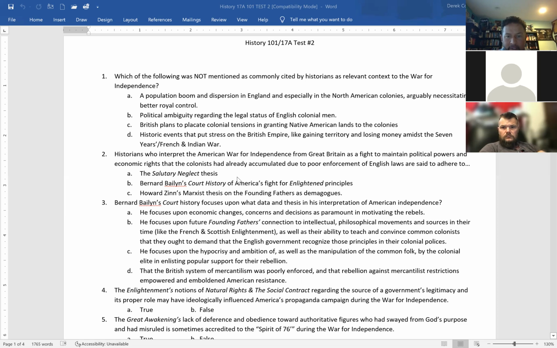So remember the Enlightenment, you get a lot of mention in macro coverage of the Enlightenment on the social contract, natural rights, checks and balances, right, with Montesquieu's writings. With the Scottish Enlightenment, you have a lot of libertarianism, that man can't be trusted with too much power. And with the Great Awakening, you have mention of conditional deference, right?